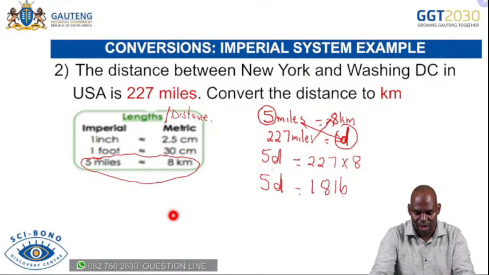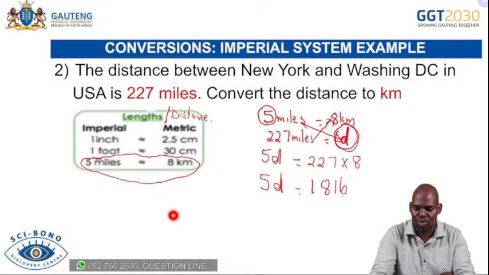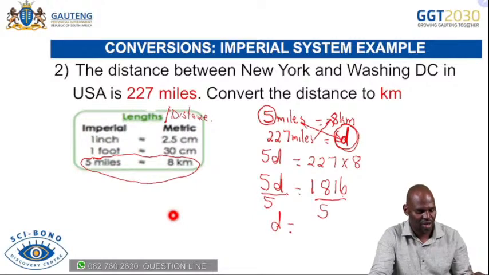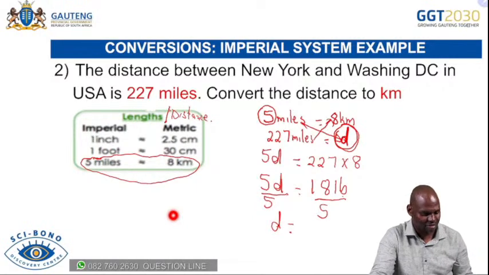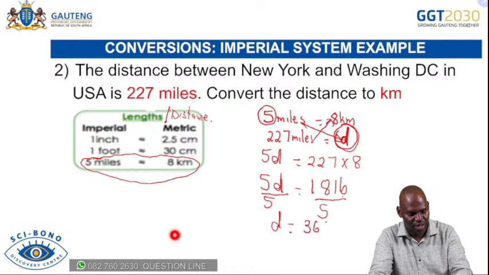So 5D is equal to 1816, but we are looking for the value of D. We want to know this 227 miles is equal to how many kilometers. Then we divide to get rid of that 5. Then it's 1816 divided by 5. It's 363.2.